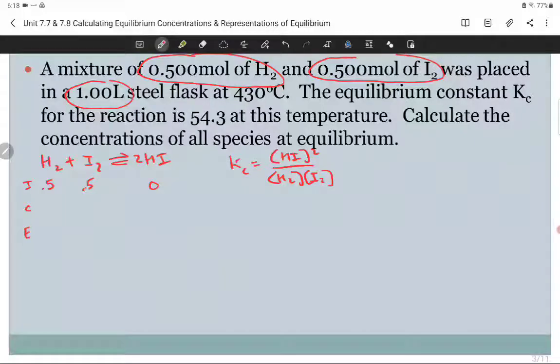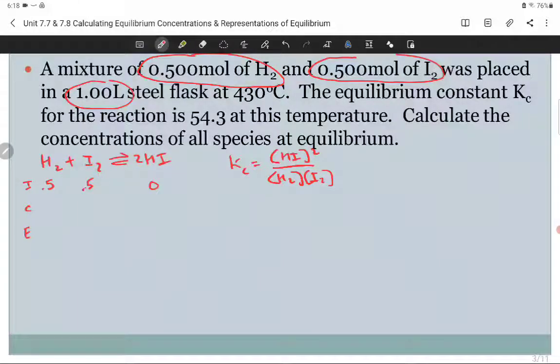So there's our equilibrium expression, and it says for us to calculate the concentrations of all species at equilibrium. This is not a completion reaction, so you're not going to lose all of your limiting reactants. So this makes it a little more difficult to obtain an answer.